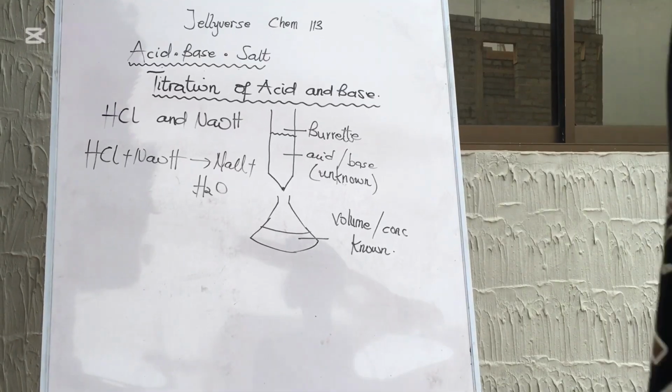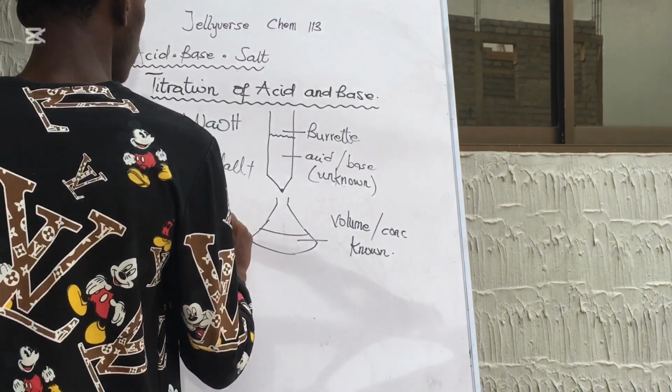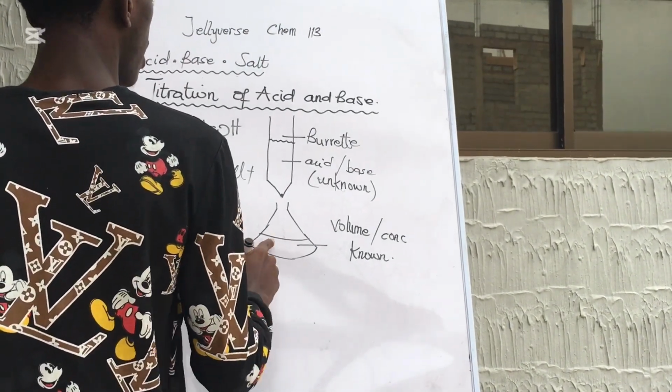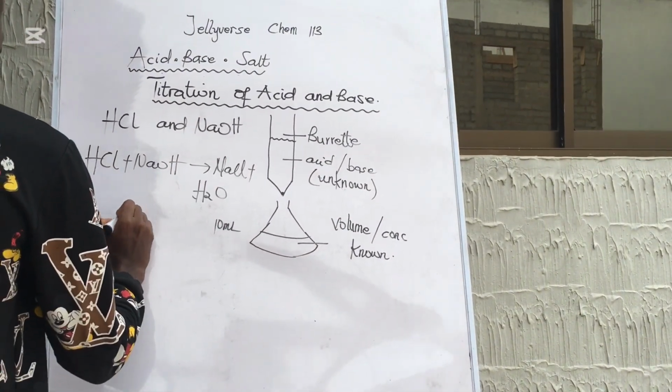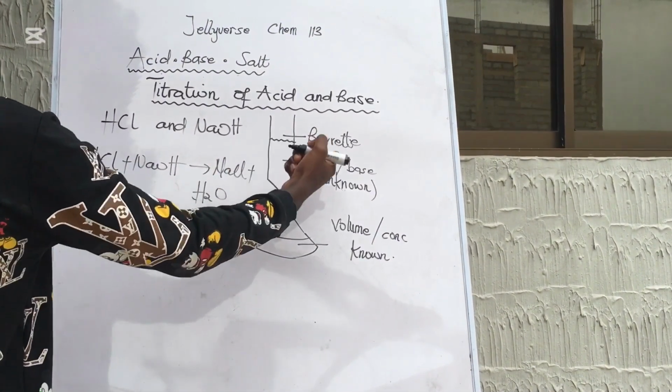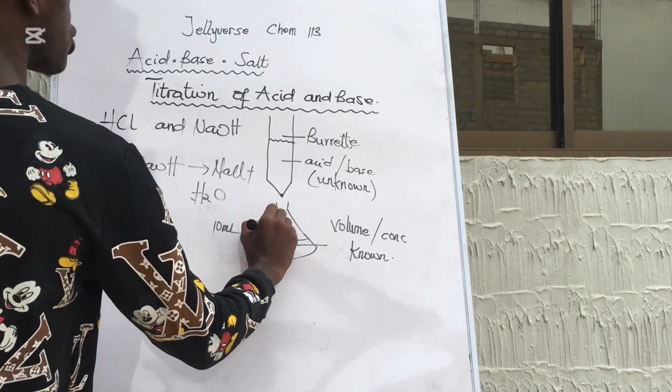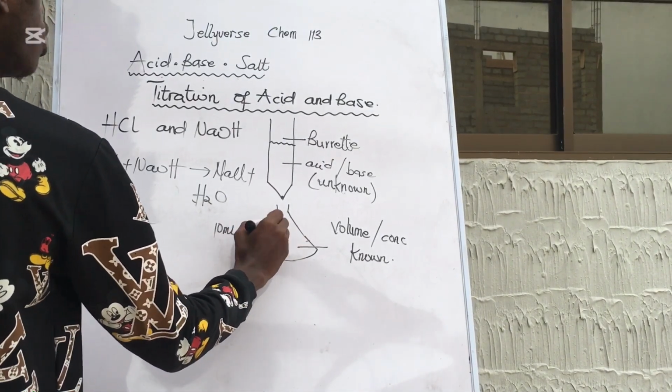For instance, if you have 10 ml of the solution in the conical flask, and now you've added about 5 ml from the burette into the conical flask, remember that the volume is going to increase.